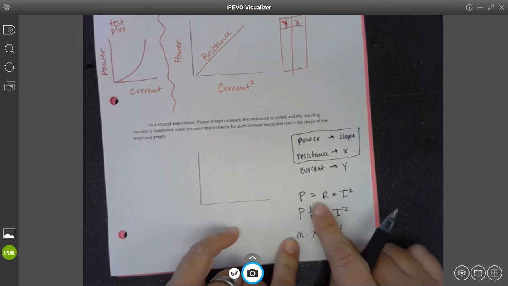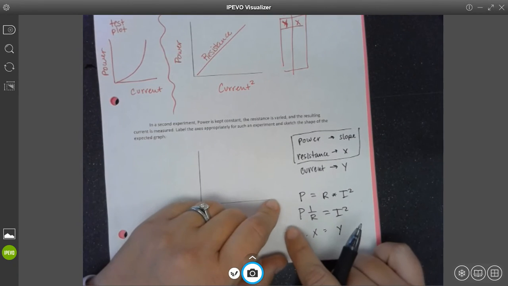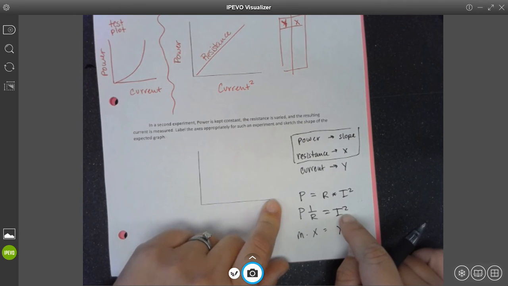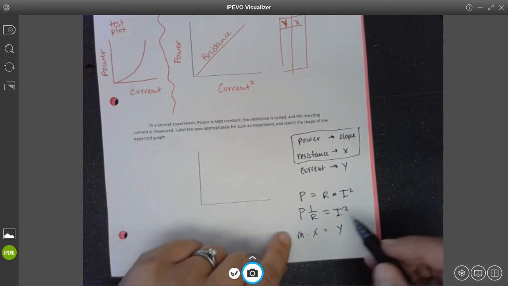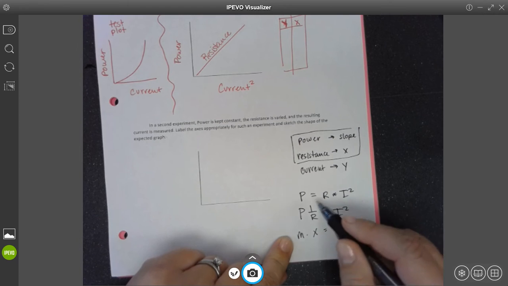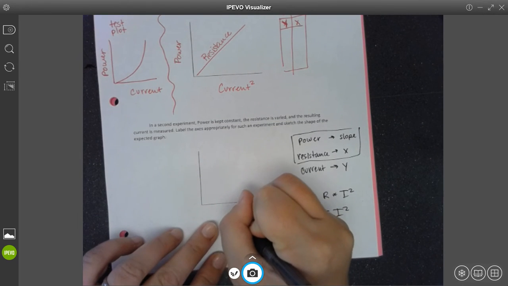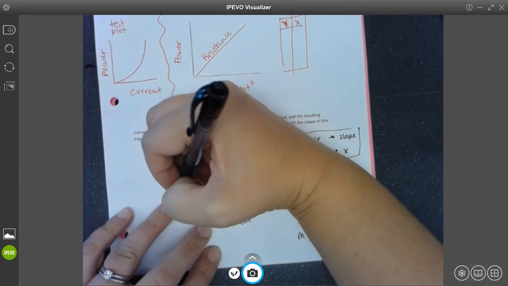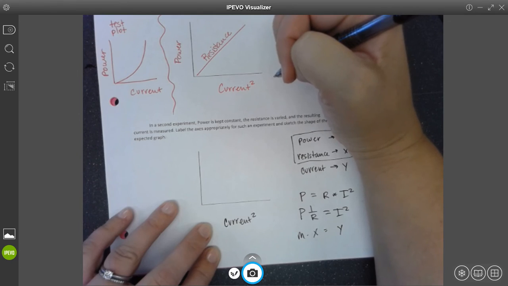Did you guys follow what I did here? This is the original equation that we had up at the top of the page. I rearranged it so that I had resistance being varied and measuring current. And then I'm going to set this up with these axes. So current squared is going to go down at the bottom. Oh wait, that's not right.